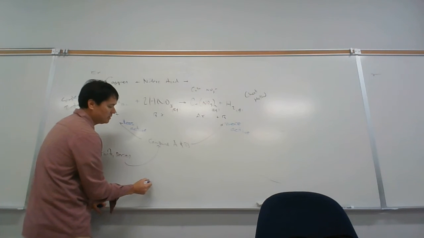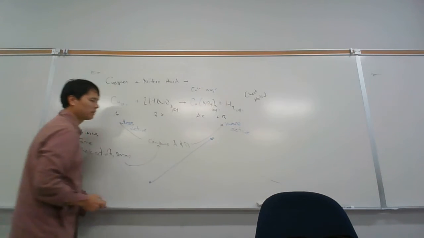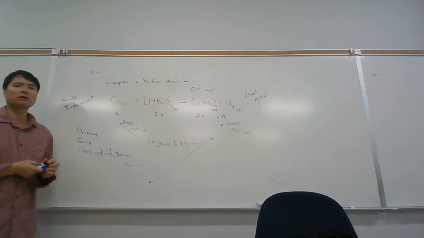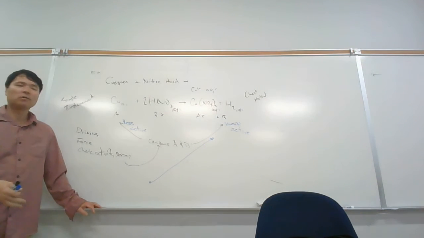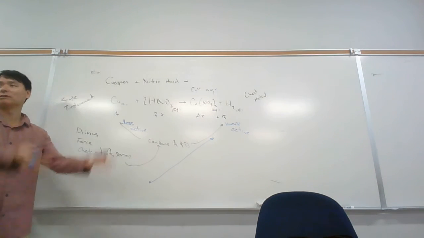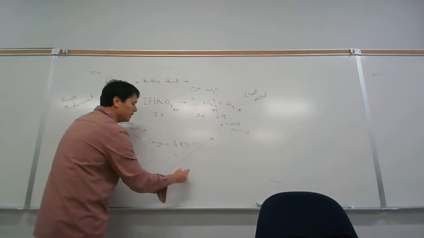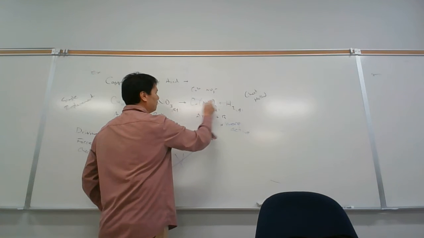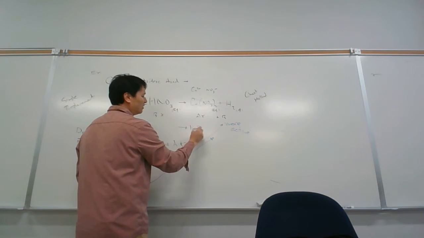And so this is an uphill reaction. If it's uphill, then we think about water. Does water flow uphill or does water flow downhill? Down. Water flows downhill, so this reaction's not going to happen. This is like trying to make water flow uphill. And if that's the case, we say there should be NR.